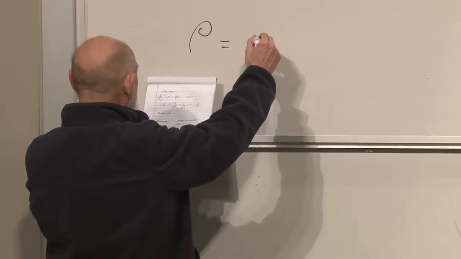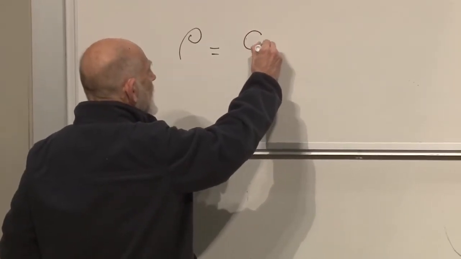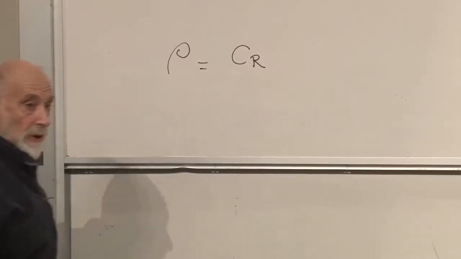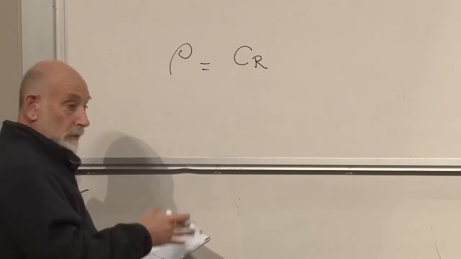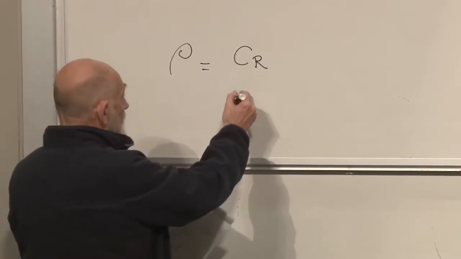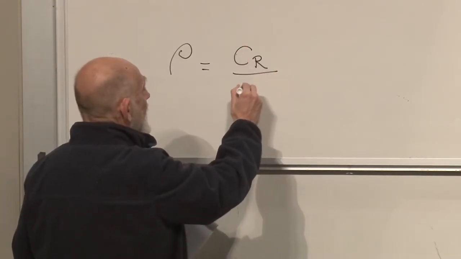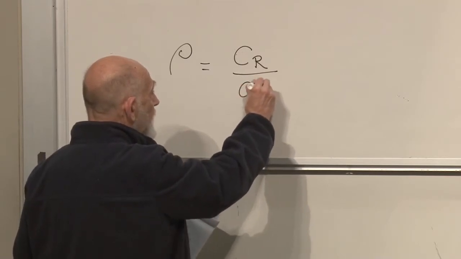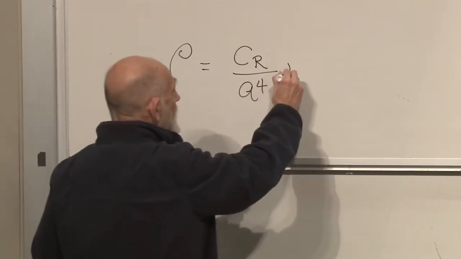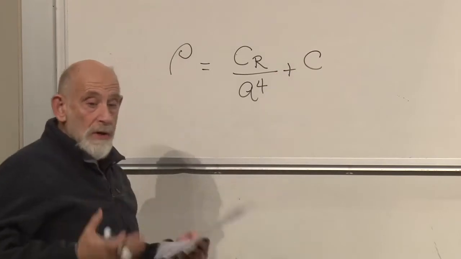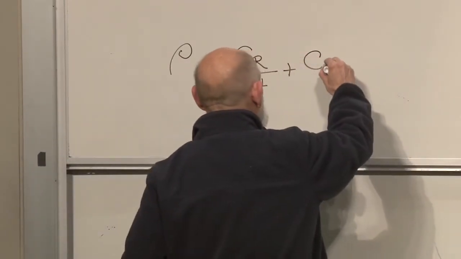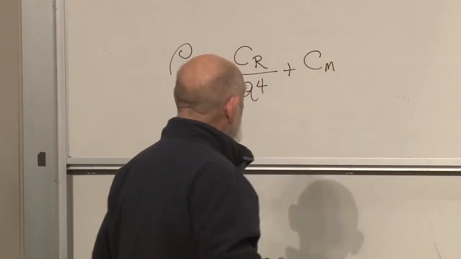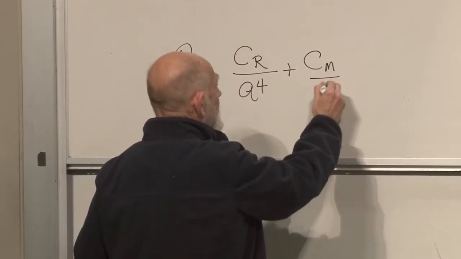The first is radiation, and radiation energy density is some constant representing the number of photons per unit volume, or the number of units of energy per unit volume today, divided by a to the fourth. Then there's another contribution associated with ordinary particles, non-relativistic particles. We usually call that matter, and that's divided by a cubed.